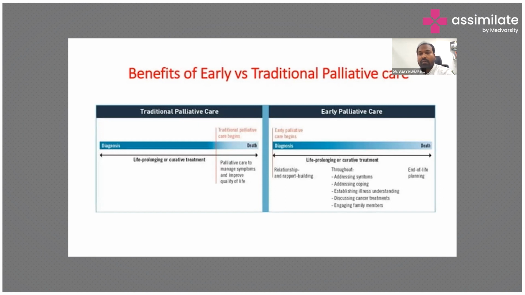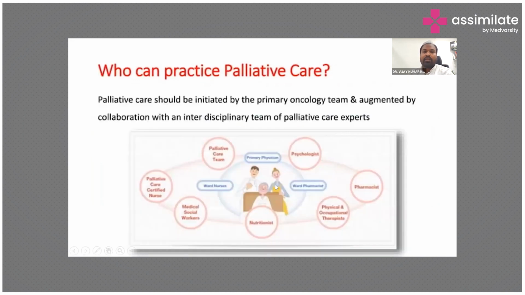We may not improve the survival of this patient, but the quality of life is definitely improving if we start palliative care early in the course of the disease. So who can practice palliative care? Anyone can practice palliative care, I'm telling you, any physician, any medical staff can practice palliative care in their own way of expertise.